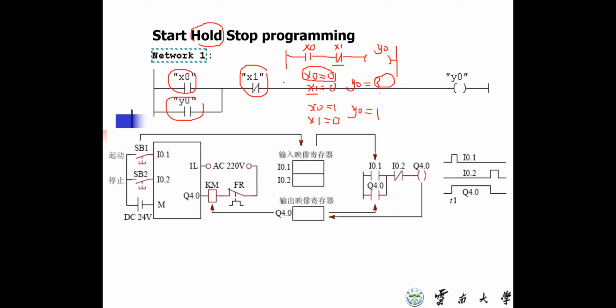Maybe X0 is a button, because a button is only conduction for a few moments. So when X0 equals 0, how to hold Y0 equal to 1? Maybe we can use this node.